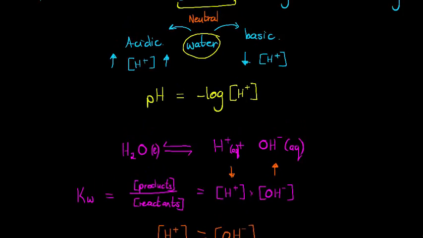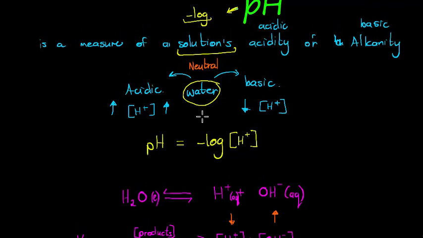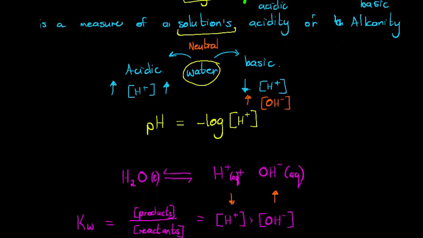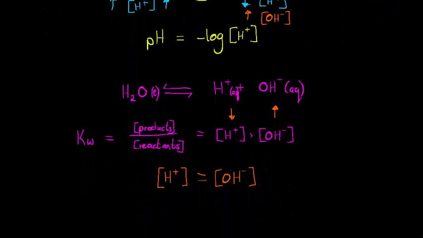According to Arrhenius, the definition of an acid is something that increases the concentration of hydrogen, and a base is something that increases the concentration of hydroxide. So hopefully you are getting my drift at this point.